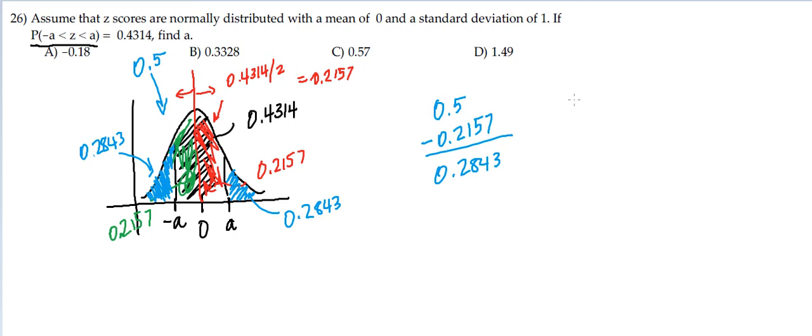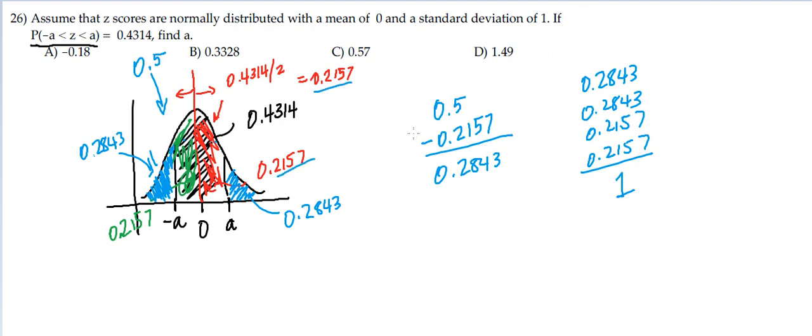You could check this if you wanted to: 0.2843 and 0.2843 and 0.2157 and 0.2157, if you add those numbers up, you will get 1. All right, and so we've talked about all four of the areas: this blue area, the green, the red, and this other blue, and of course they're all symmetric and equal. All right, so anyway, that's how we'll do this.